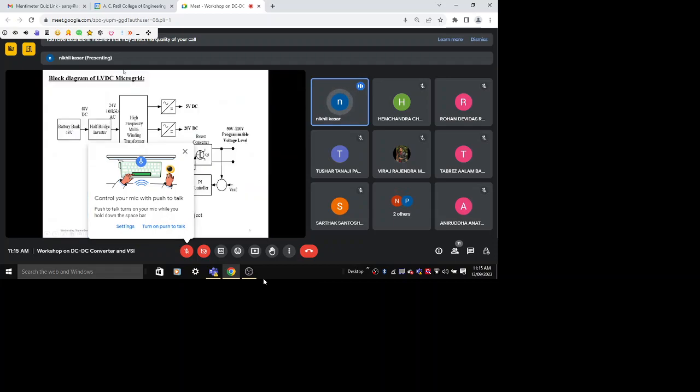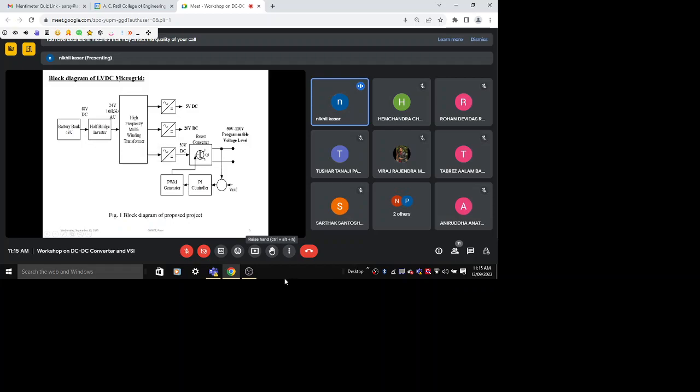So this is one of the applications wherein you need multiple converters to be connected together. This is a low voltage DC microgrid. Here you can see there is a battery bank, and then there is an inverter, a half bridge inverter. Then there is a high frequency multi winding transformer. This has one primary and multiple secondaries.